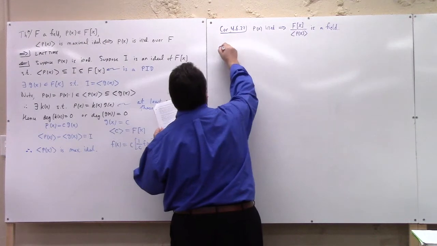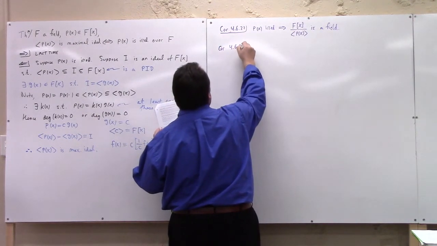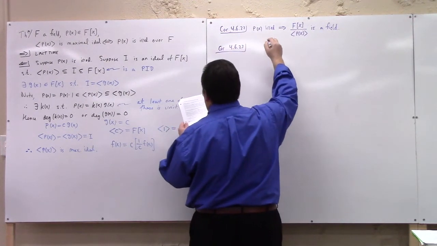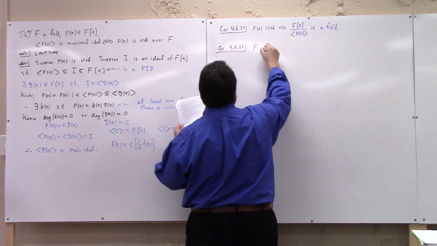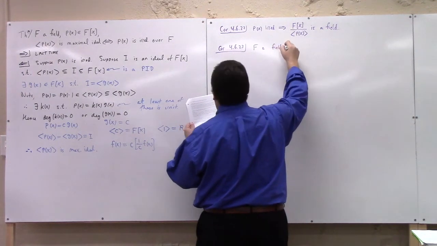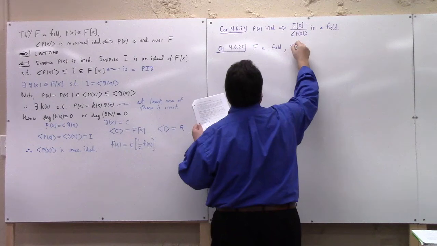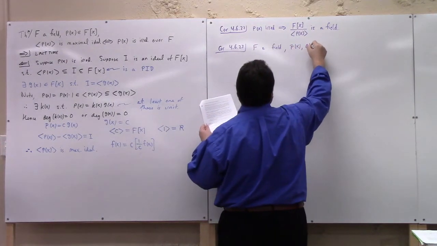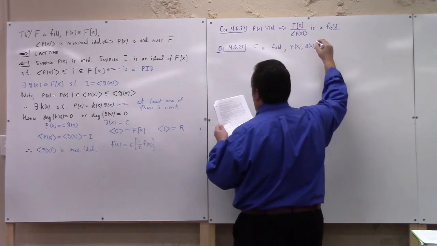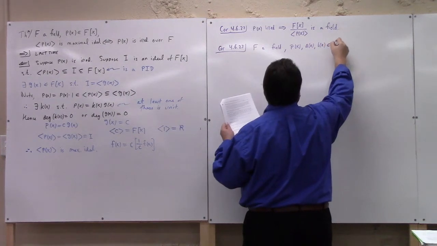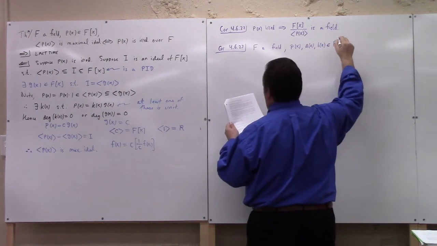So, corollary 4.6.23 says: F a field, and then p of x, a of x, b of x polynomials over the field.